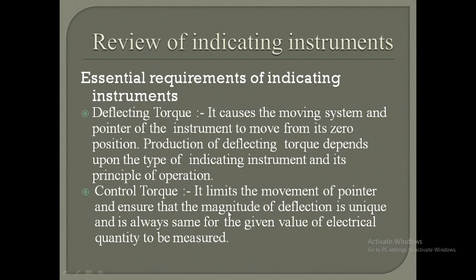Control torque. It limits the movement of a pointer and ensures that the magnitude of deflection is unique and always the same for the given value of electrical quantity to be measured. It always acts in the opposite direction of the deflecting torque.